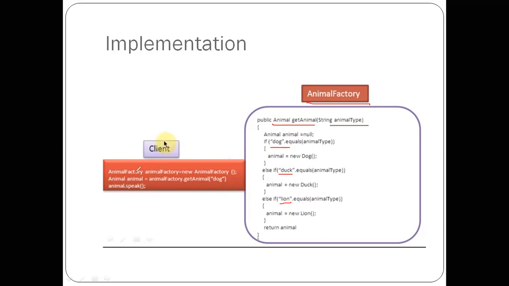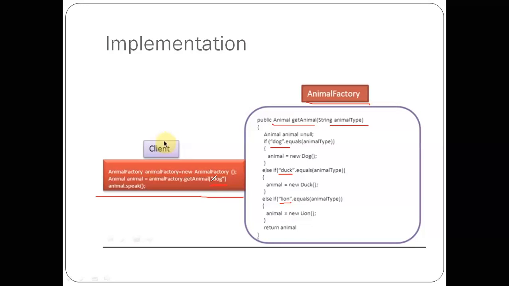Now how would the client access this animal factory class? This total part is the client interface. Through this client interface, we have created one object for animal factory. After that, the client may send an animal type to the get animal method.